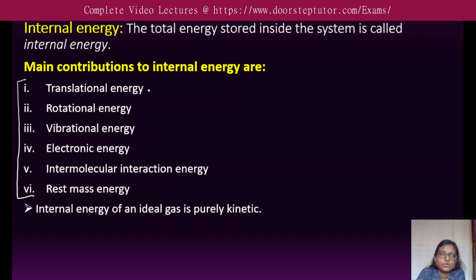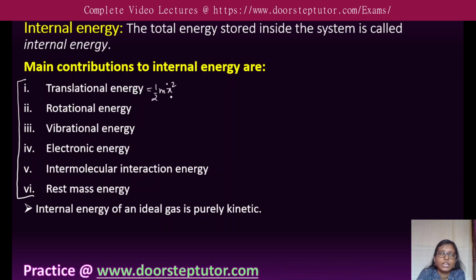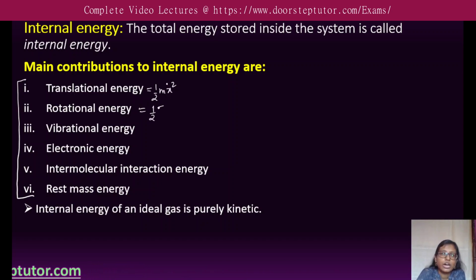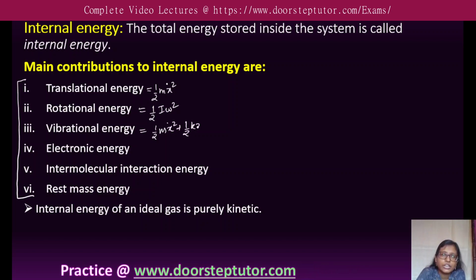Okay, so translational energy is given by half m x dot squared, and rotational energy will be equal to half I omega squared, where I is the moment of inertia and omega is the rotational velocity. Vibrational energy will be equal to half m x dot squared plus half a x squared.